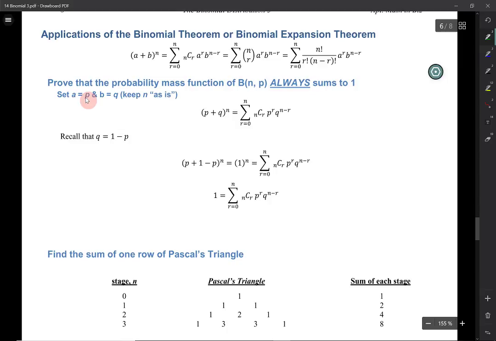There's 3 ways. How many ways can you have 1 head? There's 3 ways to do that. And 3 tails, there's only 1 way to get 3 tails in 3 tosses of a coin, and 3 heads, there's only 1 way to get it. And so this gets all of them.